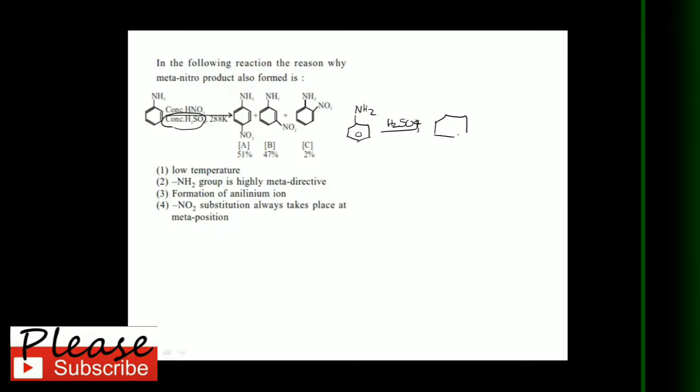As a result of the protonation of this NH2, that product is formed, known as the anilinium ion. This anilinium ion is a strong minus I group, that means a strong electron withdrawing group. So electron withdrawing groups are the meta directing groups. That's why 47% of the meta product is formed. Here 51% of the para and 47% of the meta, and just 2% of the ortho nitroaniline is a product. So answer is the formation of the anilinium ion.